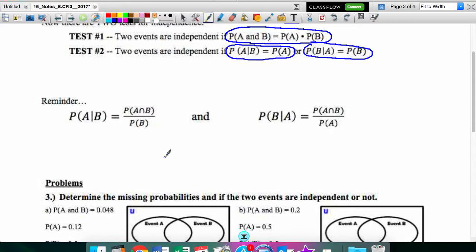The probability of A given B is equal to the probability of A and B over the probability of B, and the probability of B given A is equal to the probability of A and B over the probability of A. If you remember, I thought of this as the probability of two events as the and over the second letter. This is for any two events, regardless of whether they're independent or not.